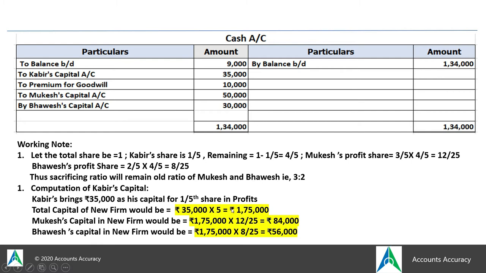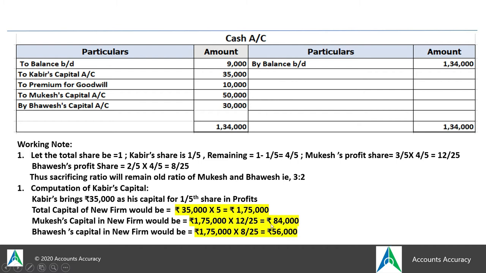As we have calculated the full capital of the entire firm, 1,75,000, when we multiply with Mukesh's new share, we are getting 84,000. This is the new capital which needs to be maintained by Mukesh, and this 8/25, when we multiply with the full capital, we are getting 56,000, which is the new capital value of Bhavesh, which needs to be maintained by him in the new firm.